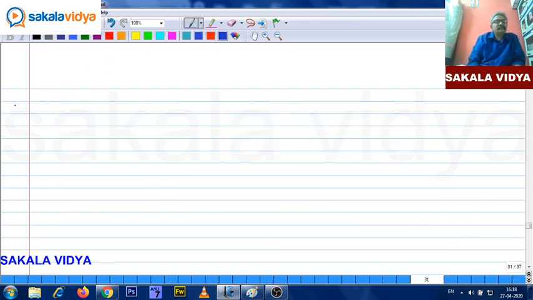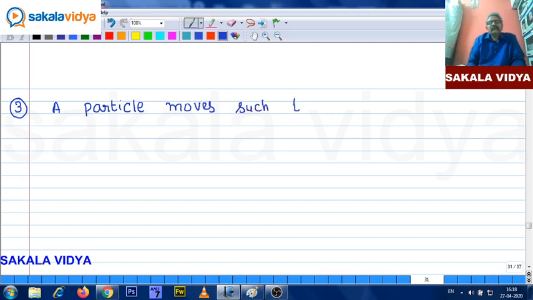Third problem. A particle moves such that S is equal to 6t cube plus 4t square plus 6t minus 3.